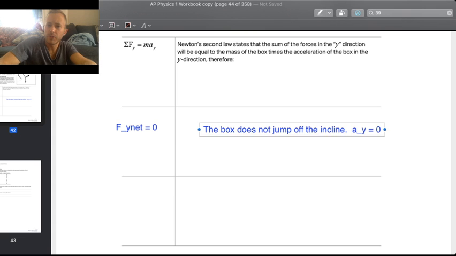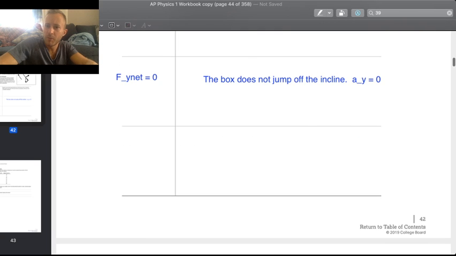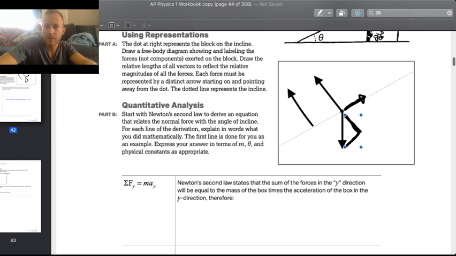Now, what are the forces in the y direction? We've got normal force, and then we have just that part of the weight force triangle. If we look at the weight force triangle, only the y part of that. So we've got normal force and the y component of the weight.